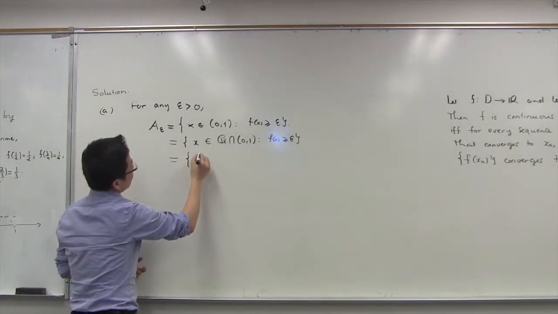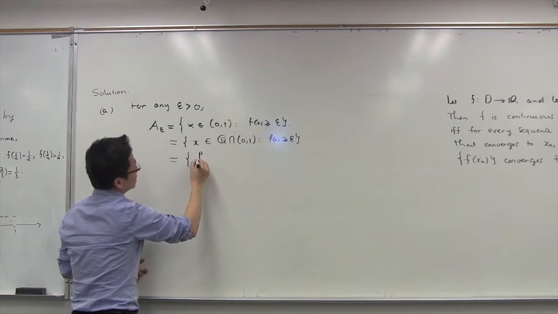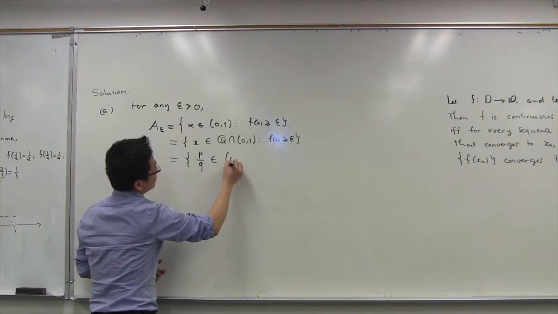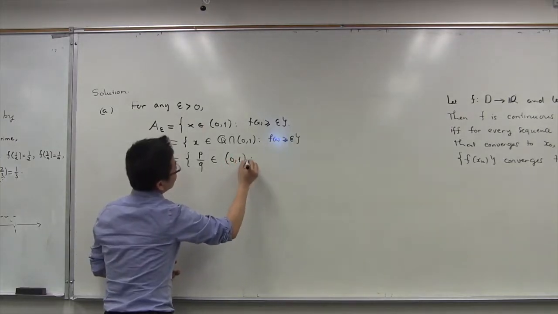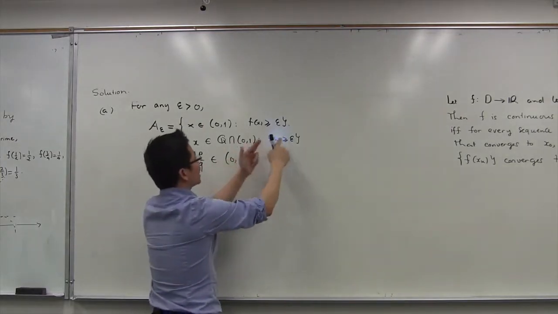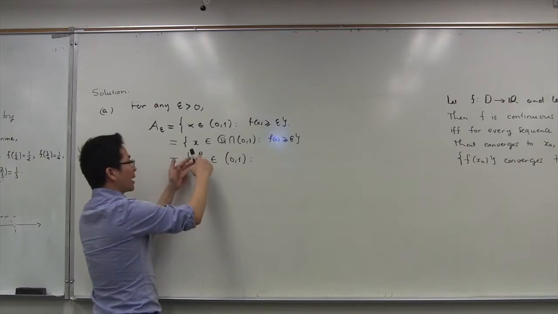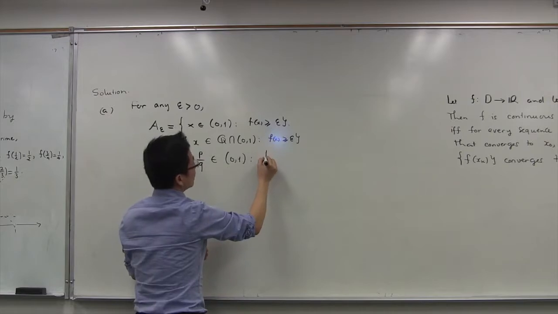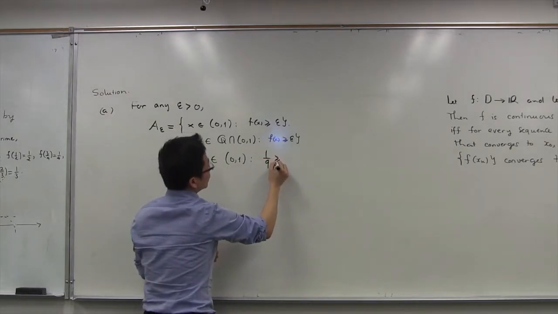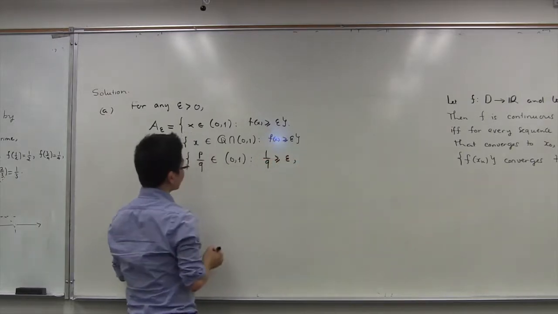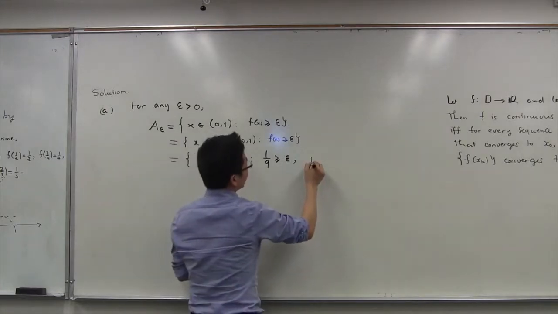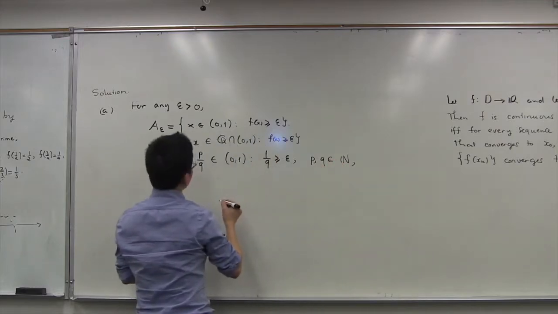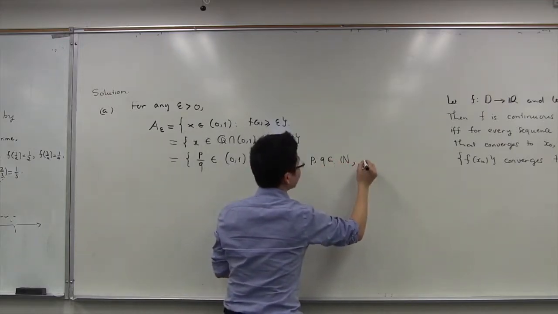This is the set of all rational numbers of the form p over q in the interval [0, 1]. Over here, because f(x) is greater than or equal to epsilon, and x here is p over q, 1 over q has to be greater than or equal to epsilon. And p and q here are natural numbers, and they are co-prime.